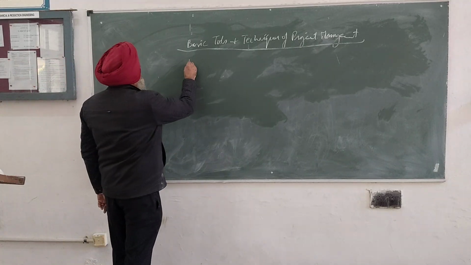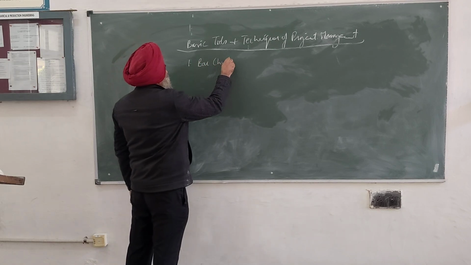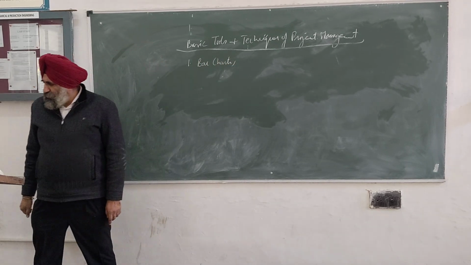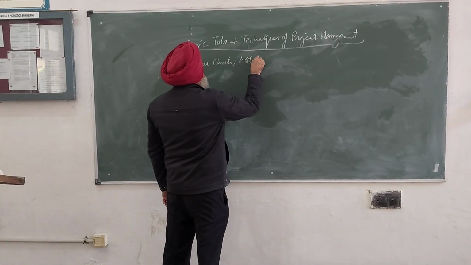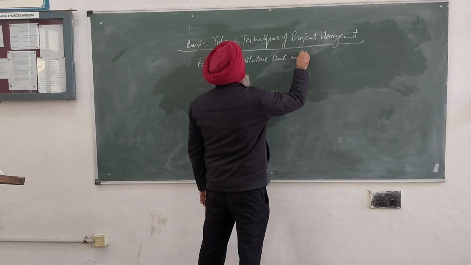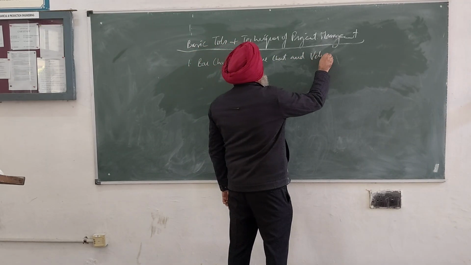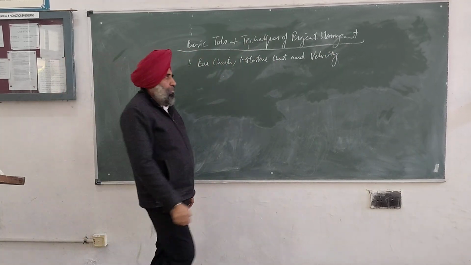In basic tools, one is the bar chart. Another is known as the milestone chart. Another is known as the velocity diagram.